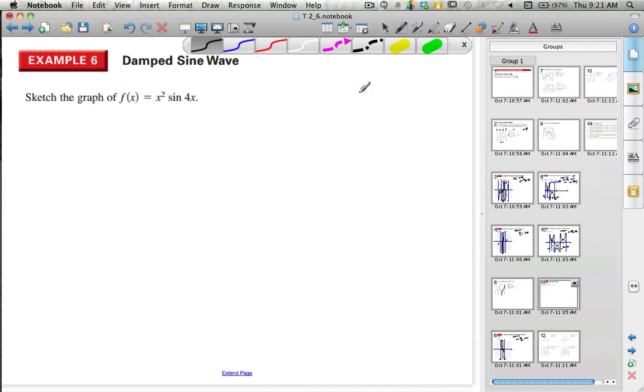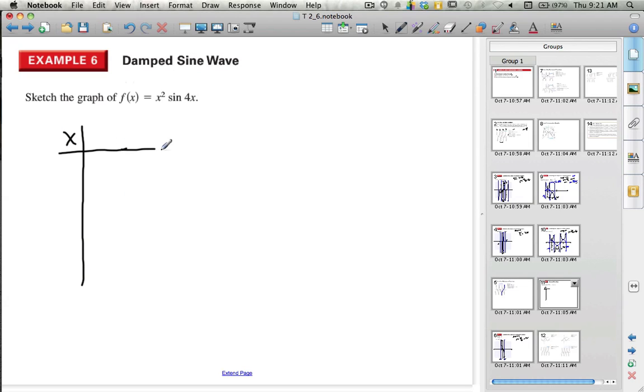So what I'm going to do here is I'm going to make an input-output table for x and y, but we're going to have more than one y. So here I'm just going to have the y for the x squared part, and here the sine of the 4x part.